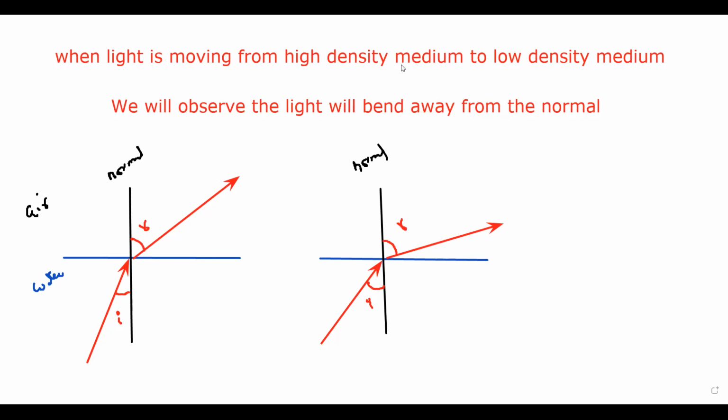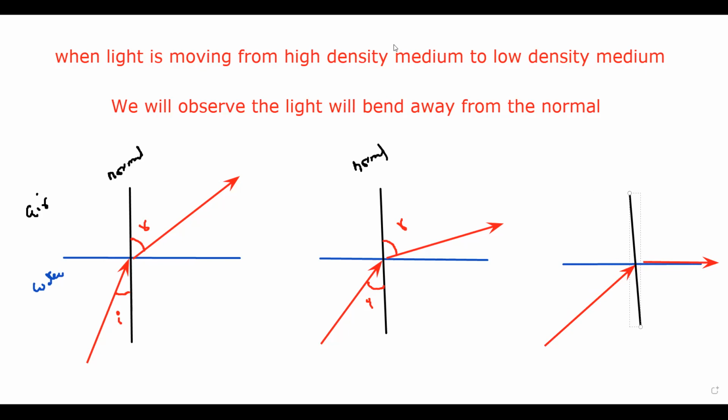If we further increase the angle of incidence, what will we observe? We'll observe the angle of refraction is 90 degrees, or the light will travel along the boundary where the angle of refraction is 90 degrees.